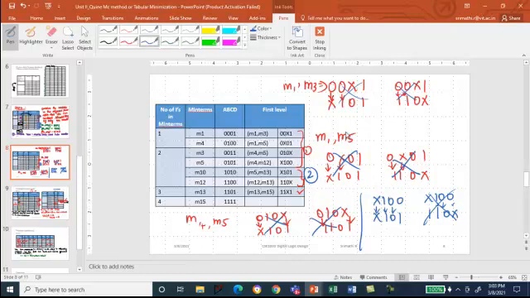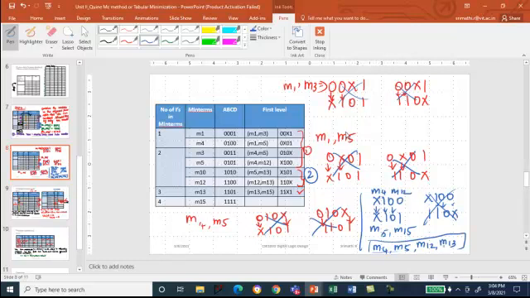What is these two combination? 010x is M4, M5. Sorry, this one x100 is M4, M12, whereas x101 is M5, M13. So which combination is possible? M4, M5, M12, M13. So this can be possible for further minimization.